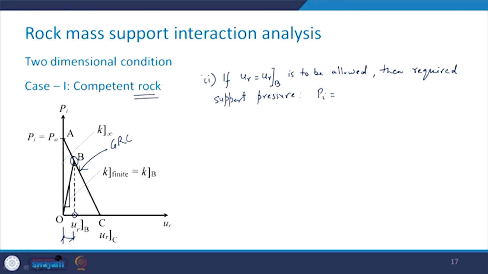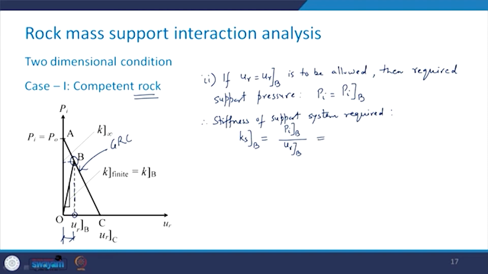So corresponding to this, whatever is the value of Pi that I will get, it will be equal to, say, Pi at B. So therefore in this case, the stiffness of the support system which is required will be Ks at B is equal to Pi at B divided by ur at B, and this is going to give me a finite value.